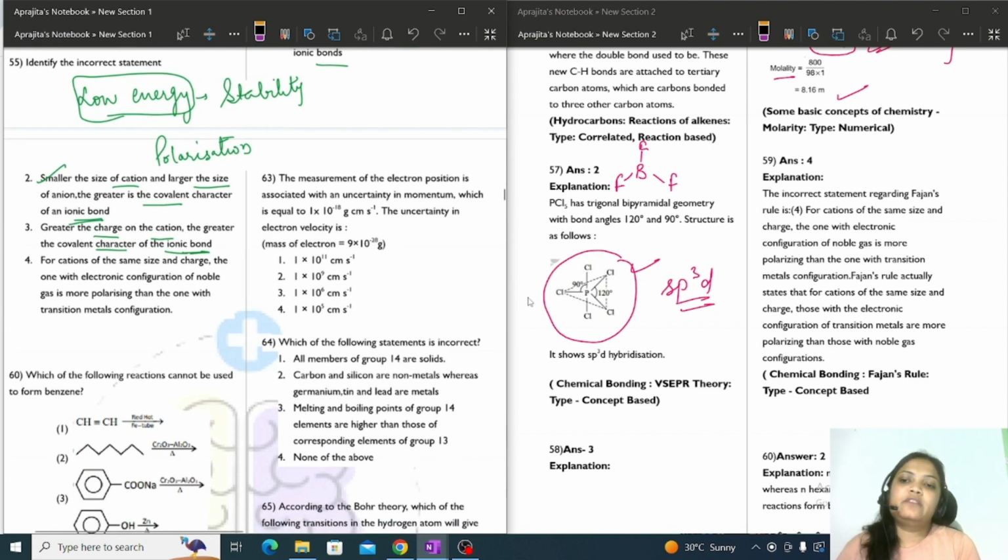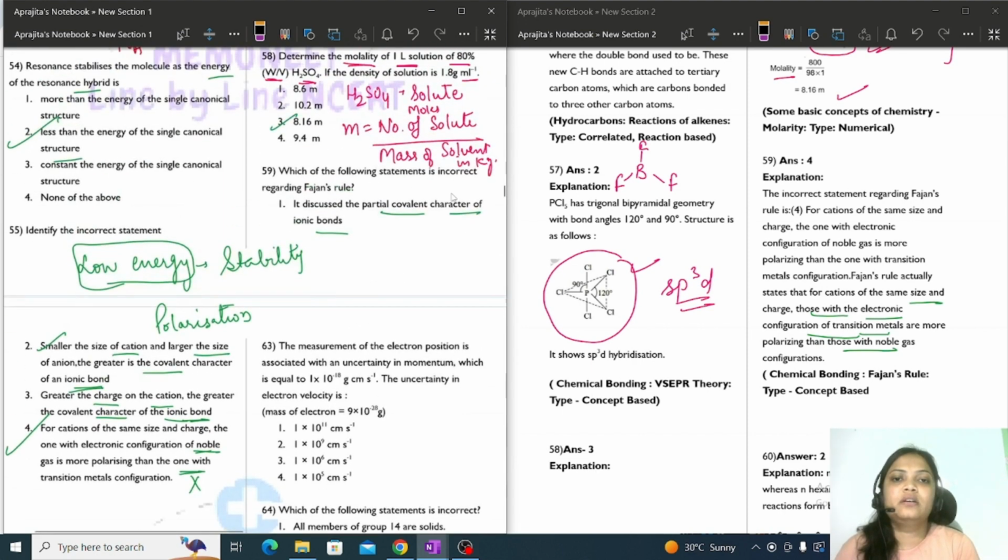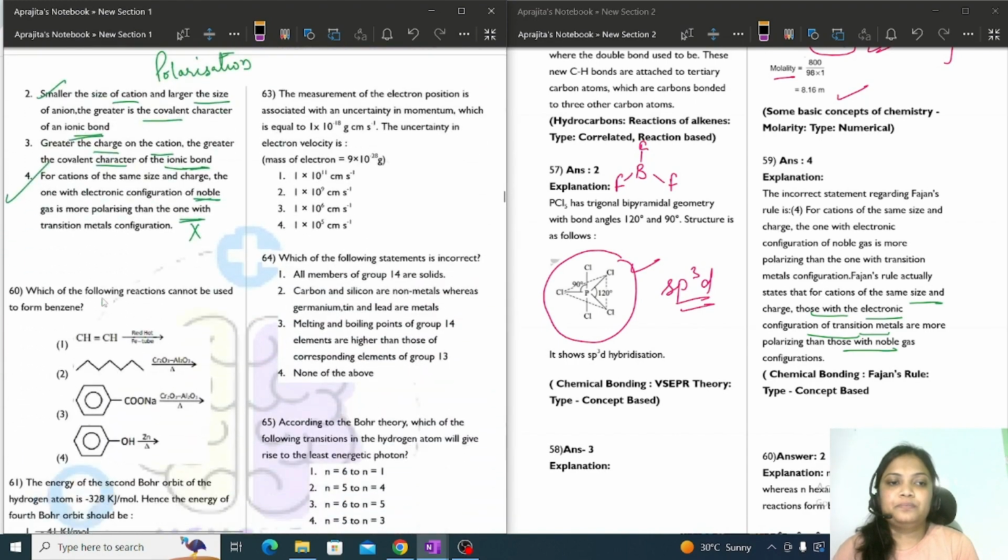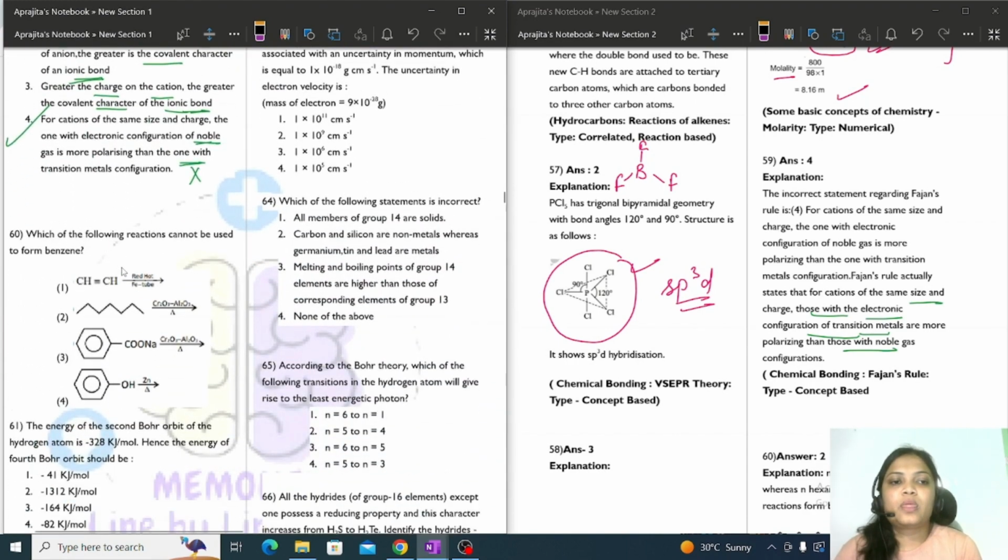Now we know that for cations of the same size and charge, those with the electronic configuration of transition metals are more polarizing than noble gas. Here it's given that noble gas will be more polarizing. So this is a wrong statement. So the answer is option 4 because we had to find the incorrect statement. So that is the answer.